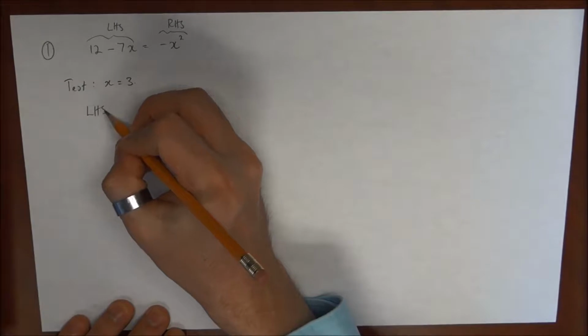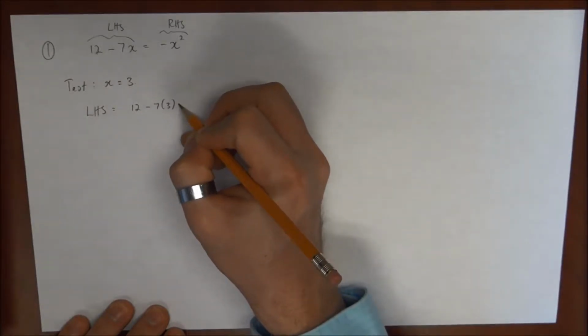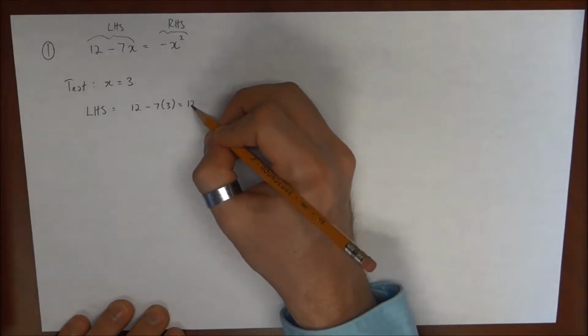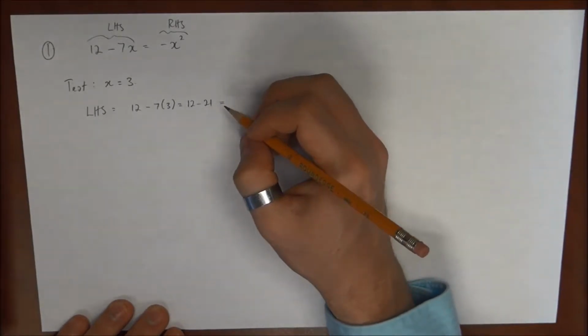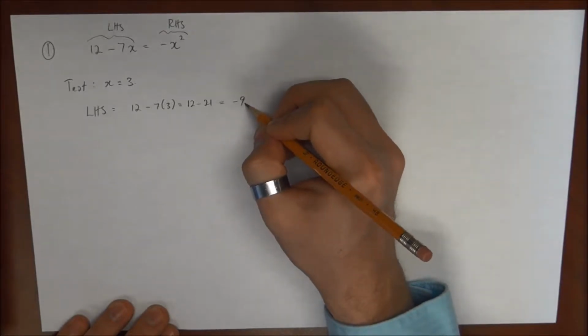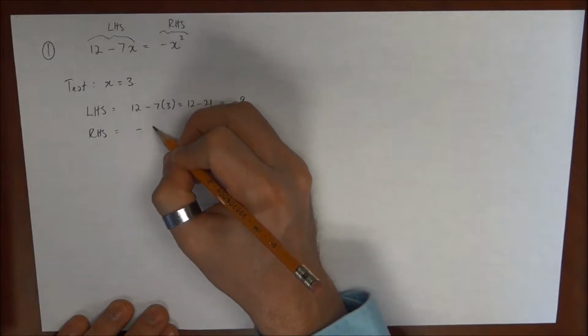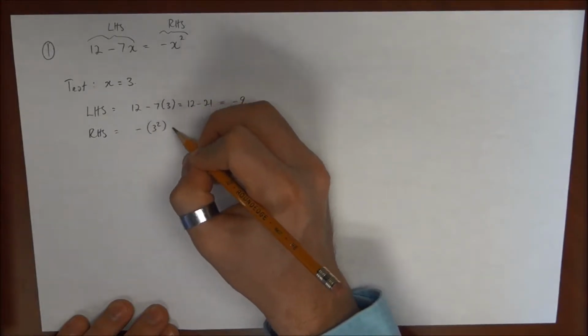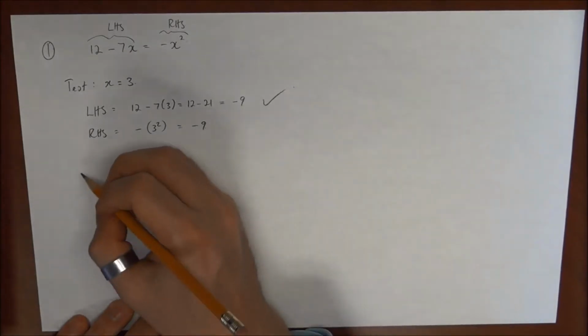So the left-hand side is 12 minus 7 times 3, which is 12 minus 21, which is negative 9. The right-hand side equals negative 3 squared, which is negative 9. So yes, it is a solution.